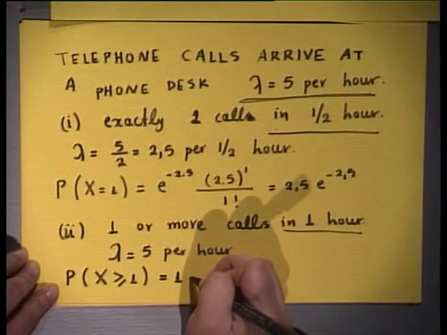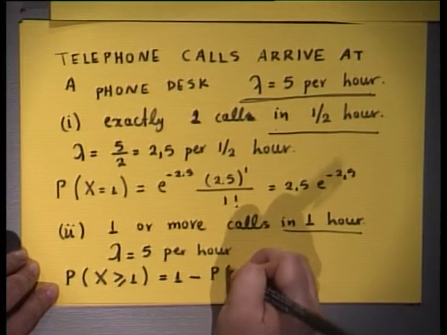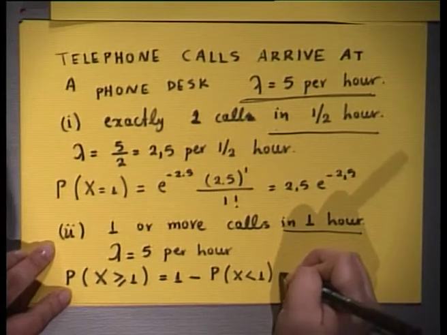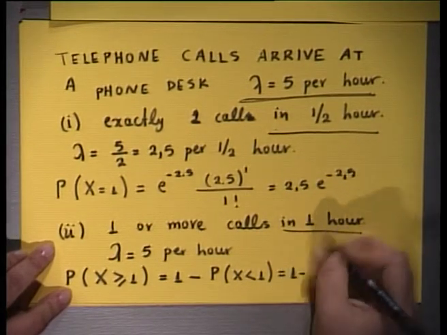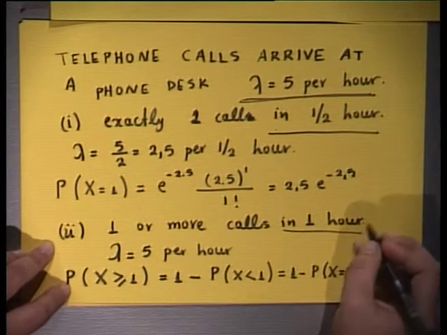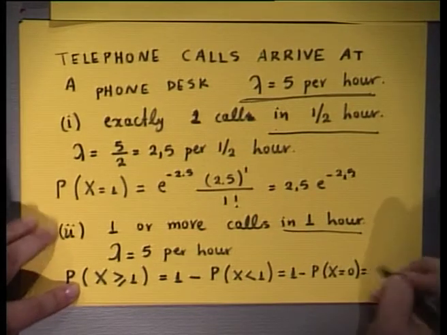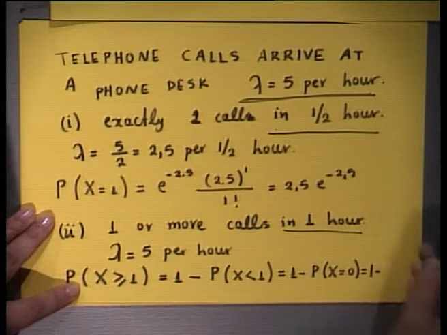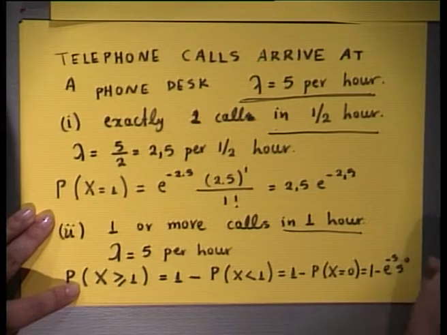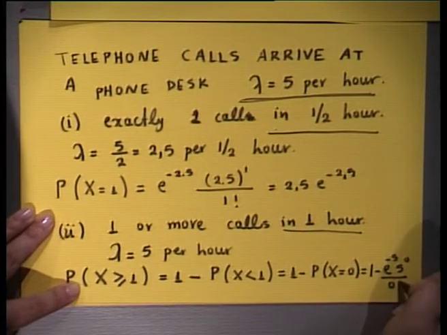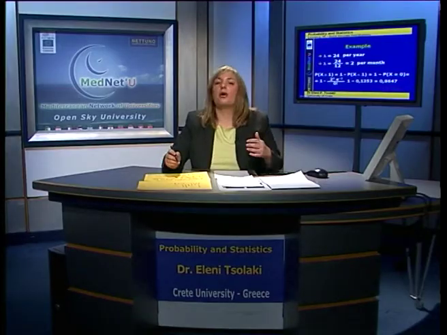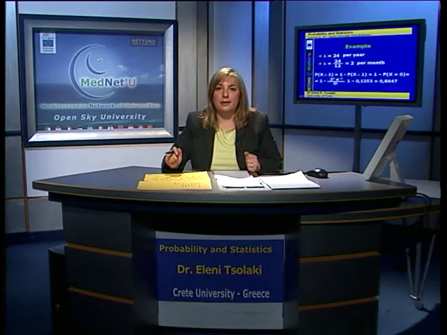We change that to 1 minus the probability of x less than 1, which is 1 minus the probability of x equals 0, and this can be found by calculating 1 minus e to the minus 5 over 0 factorial. And the probability of x greater or equal than 1 can be calculated.